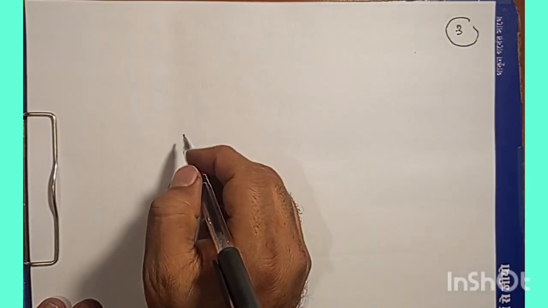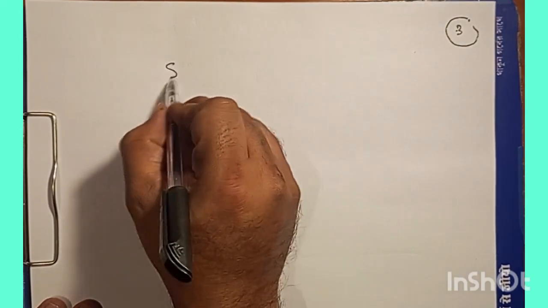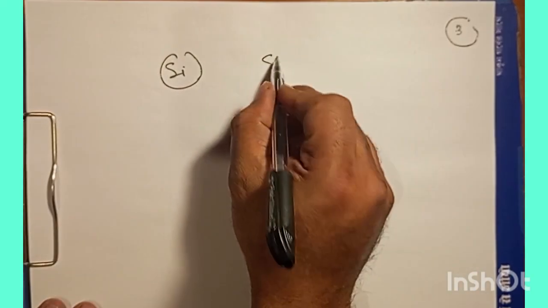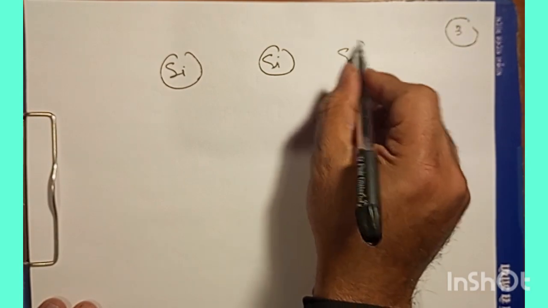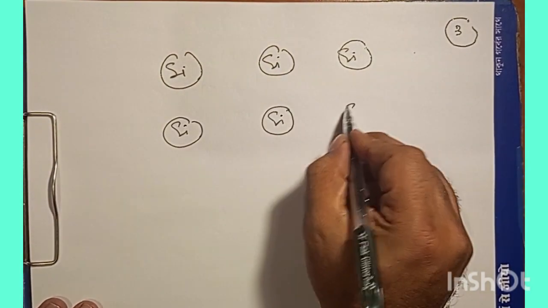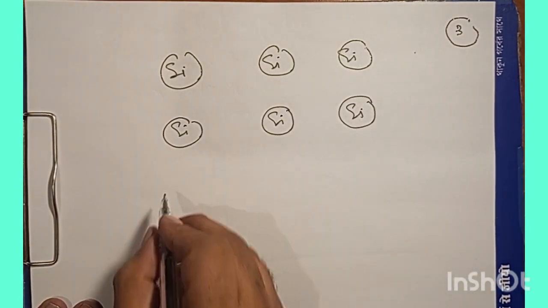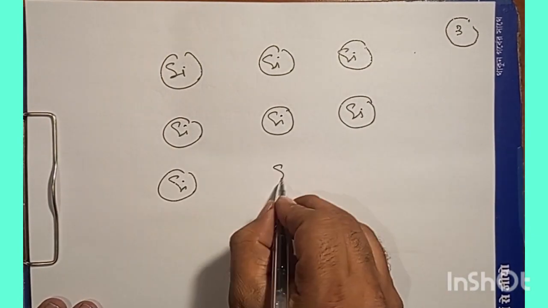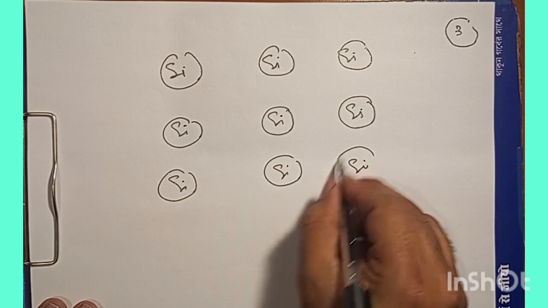So if we take a network like that, suppose we have a silicon, then we have another silicon, and another, and another.